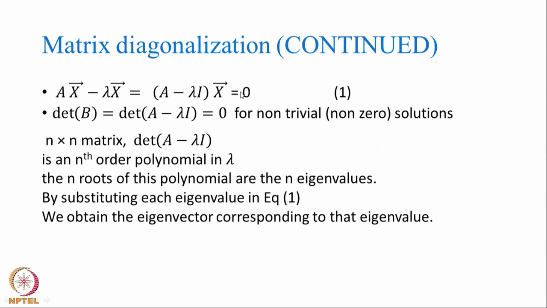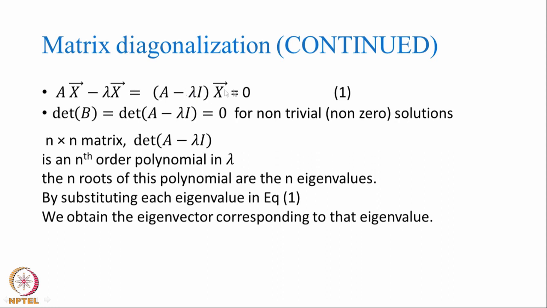Now, there are only two possibilities, because on the right side I have 0: either x is 0, this is one possibility, or the determinant of A - lambda I has to be 0. If the determinant of this matrix is not 0, then what can I do? I can get the inverse of A - lambda I. If I multiply on the left by that inverse, then that inverse into (A - lambda I) will be 1, correct.